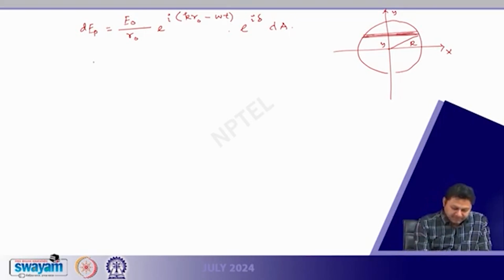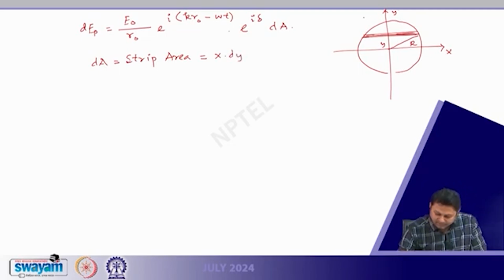So, dA, I first need to calculate what is the area. Area dA is the strip area, and that is x multiplied by dy. What is x? X is this length.